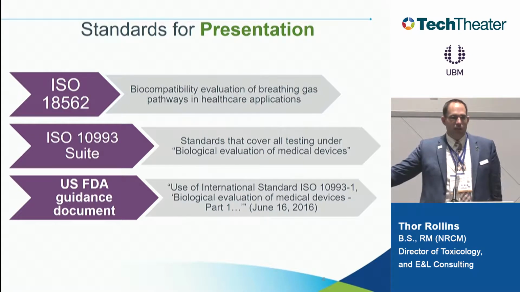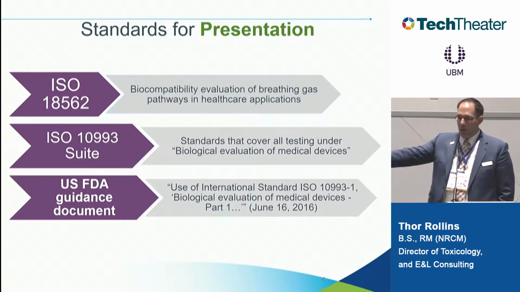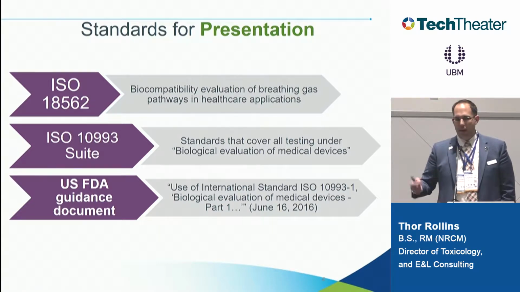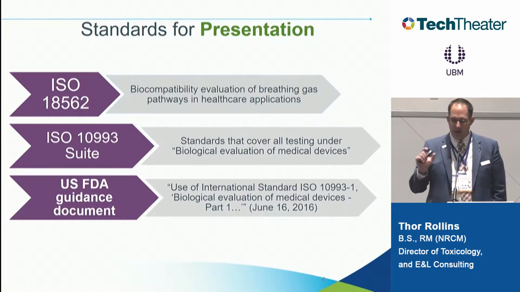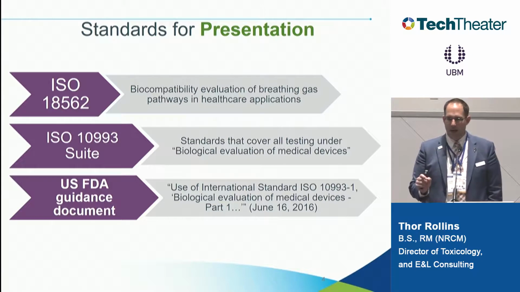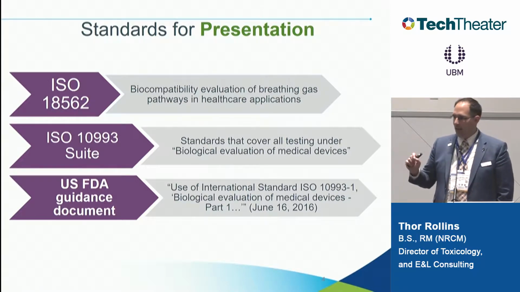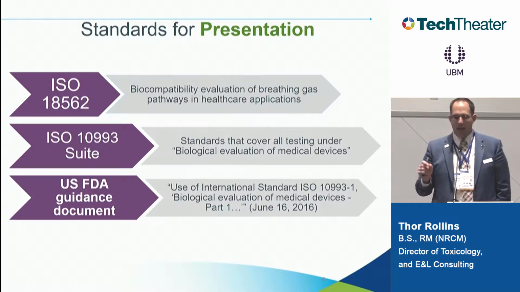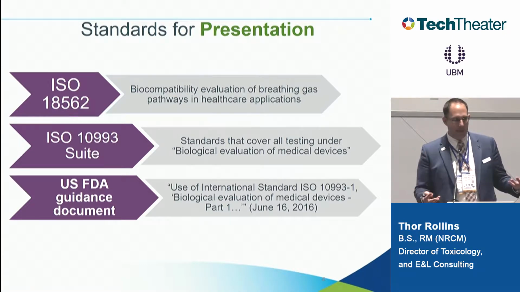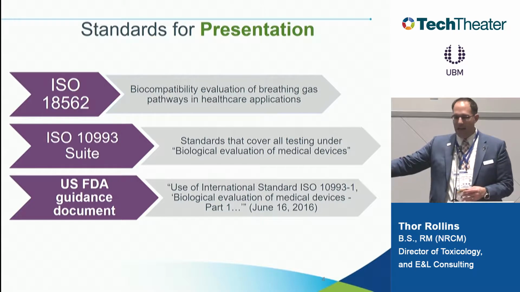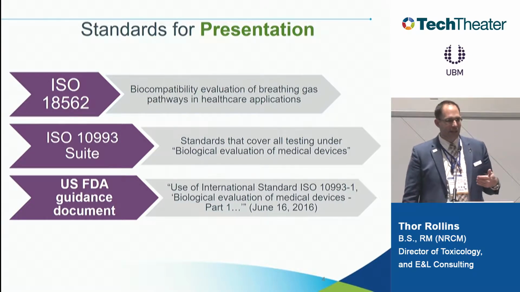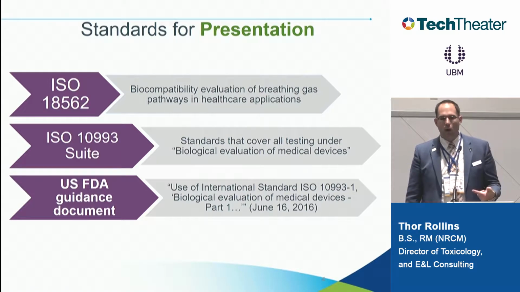Okay, so these are the standards that we're going to be talking about today. Of course, we're going to be talking about 18562 and how that impacts. But remember, 18562 is very focused on specific types of biocompatibility. These devices still have to look at the suite of ISO 10993 and do that type of overall biocompatibility assessment. And the new US FDA guidance that came out in 2016 plays a huge role in this too.